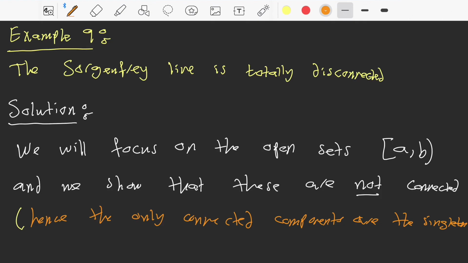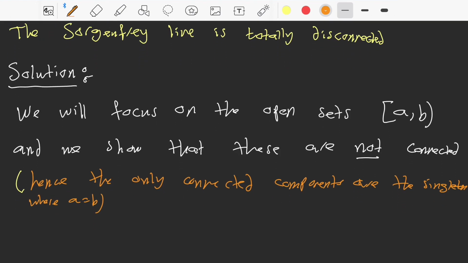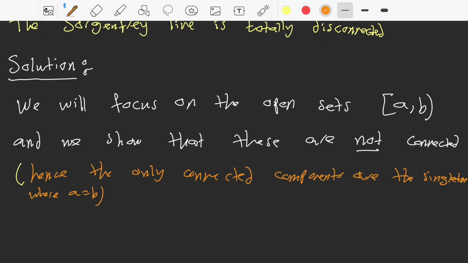Because if any of those intervals are not connected, then the only one that would be connected is the singleton, where A equals B. Of course, that is the case A equal to B. Okay, so the idea is clear.